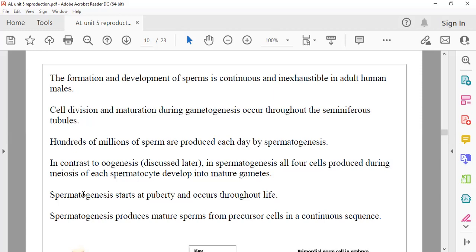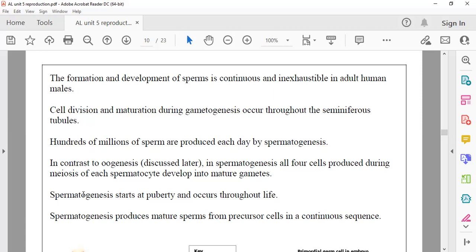In oogenesis, will all the ootids turn into ova? No. But here, all the spermatids will turn into sperms.